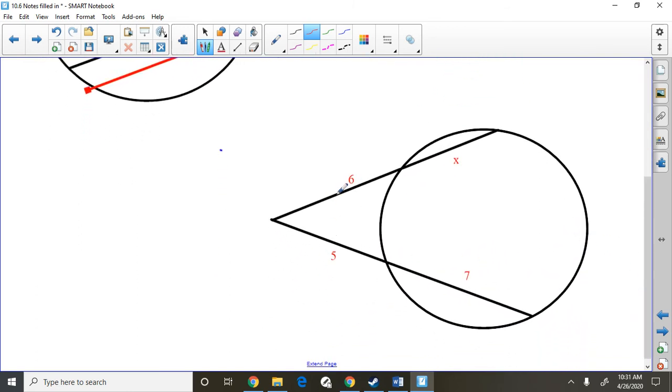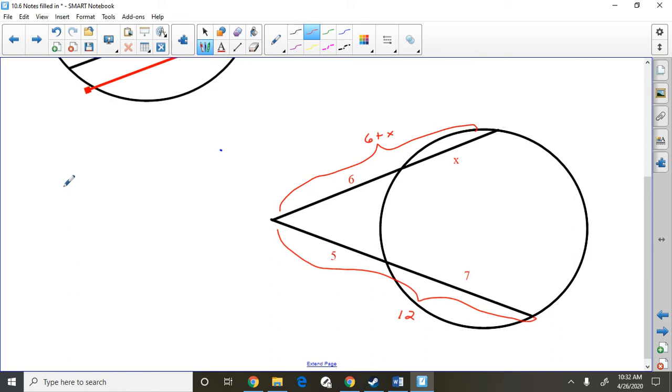Down here, I'm given the parts of those secant segments, so I need to make sure that the first thing I do is look at how long the entire secant segment would be. This secant segment is 6 plus x. Down here, 5 plus 7, this whole secant segment is 12.